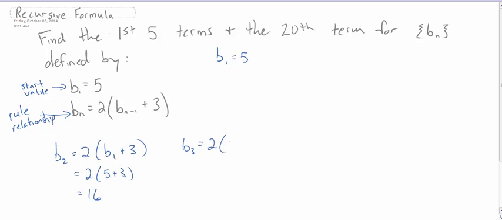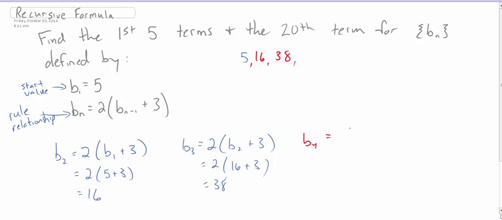Well, n here is 3, so it's going to be 2 times b sub 2 plus 3, 2 times 16 plus 3. 2 times 19 is 38. So my sequence that I'm generating is 5, 16, 38. Let's find b4.